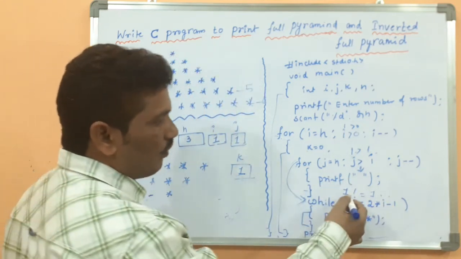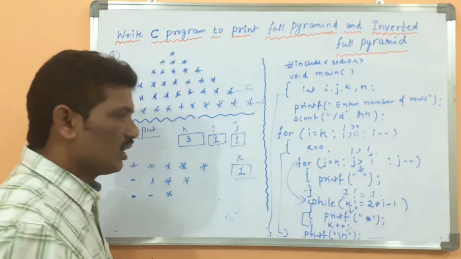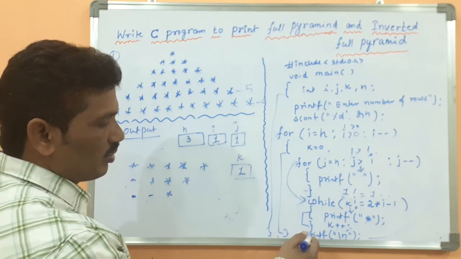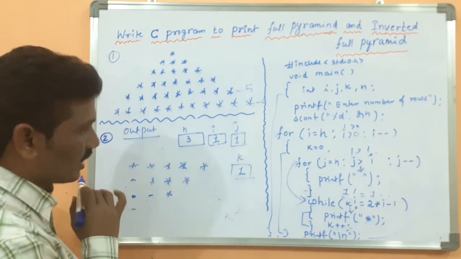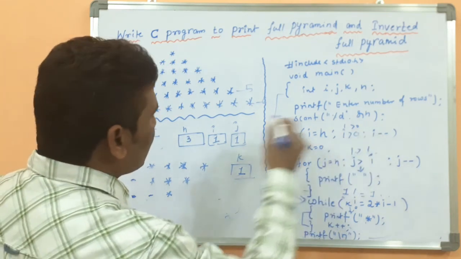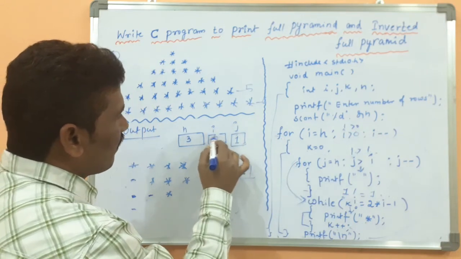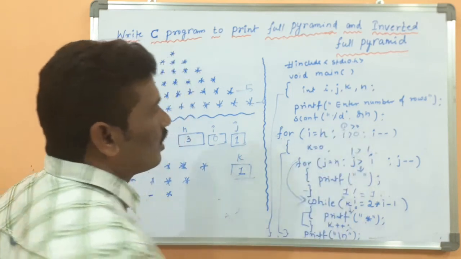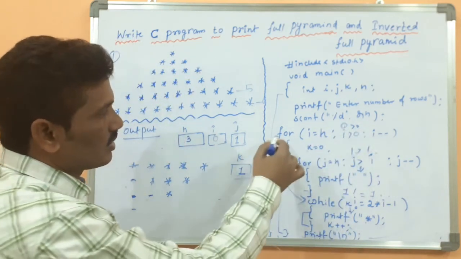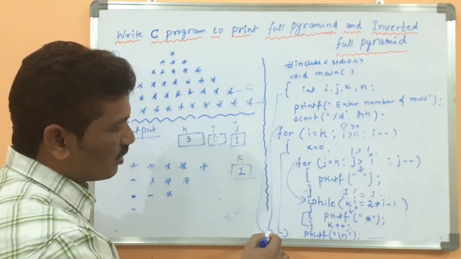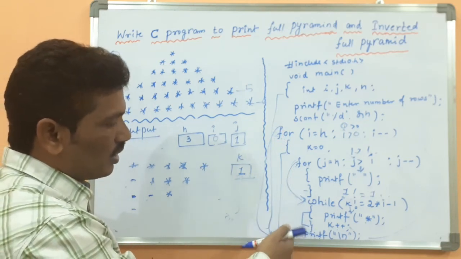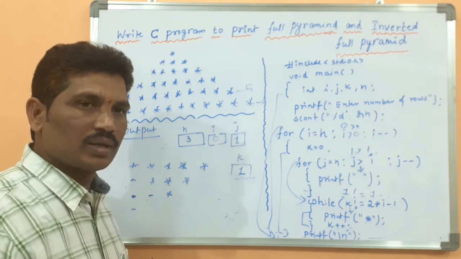The condition is false. Then we shall come to here. Then the next statement, printf, will be executed. The control will come to here. Then I value is decremented by 1. I value becomes 0. Then 0 greater than 0, the condition returns false. When the condition returns false, then it comes out of the outer loop. There are no more statements after the outer loop. Here the program will be terminated.